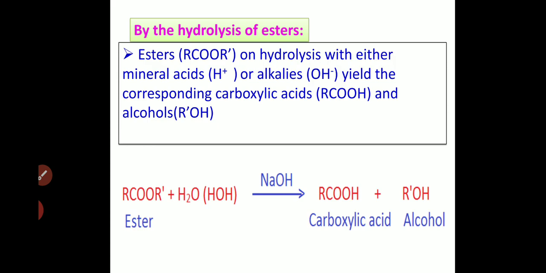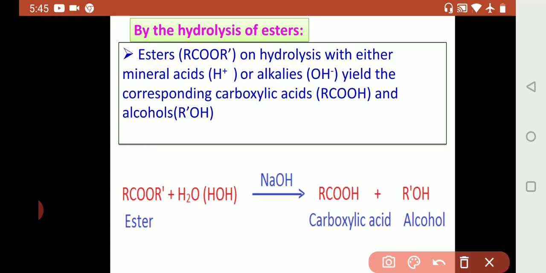What are alkyl groups? Alkyl groups are methyl, CH3, ethyl, C2H5, propyl, C3H7. Like that, in place of R we can take anything.